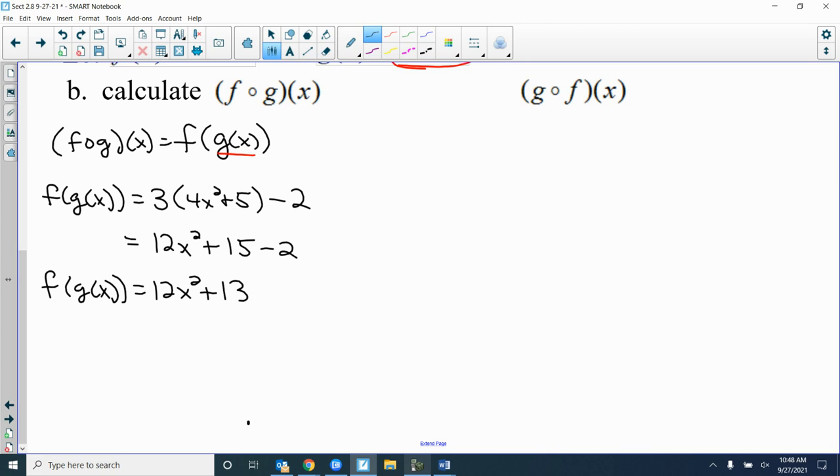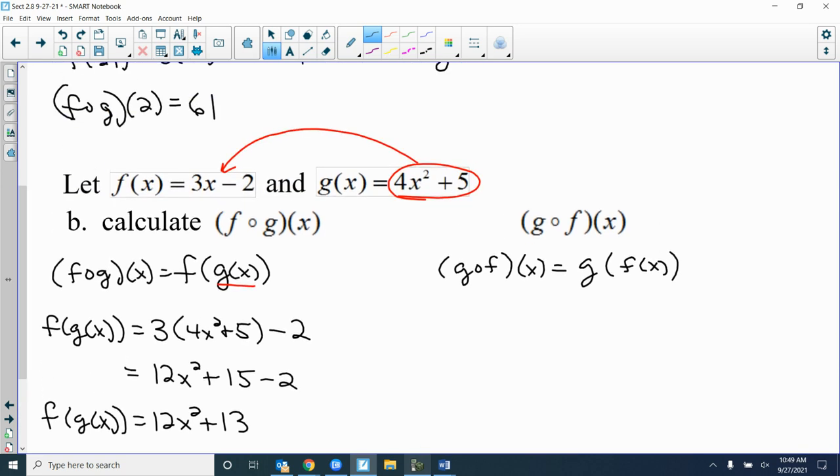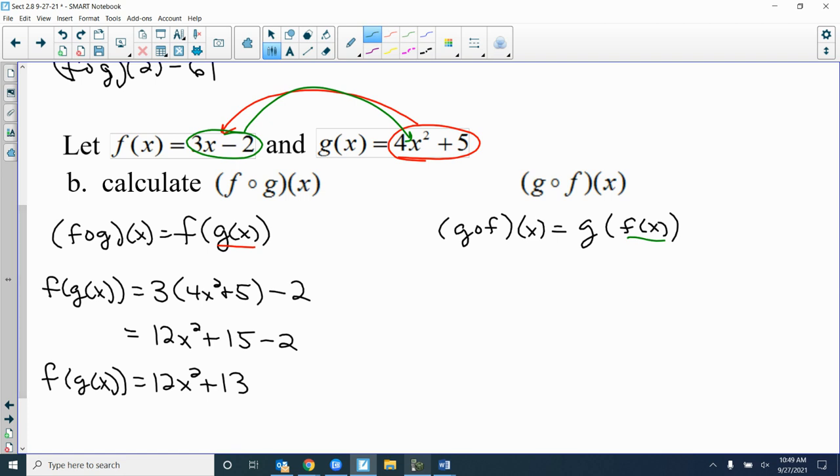Now g of f of x, it's not going to be the same. The g function goes on the outside, and we're going to substitute the entire f function in there. So that means f of x, this whole thing, 3x minus 2, goes in for that x. So it's going to look like 4, parentheses, 3x minus 2. That x is being squared, so you have to square whatever you plug into it, which means you're going to have to FOIL it.